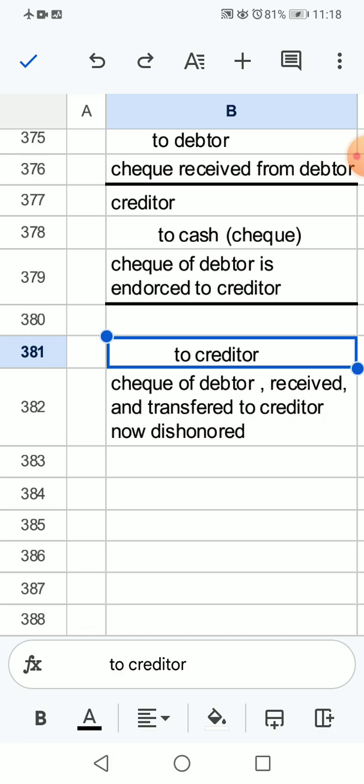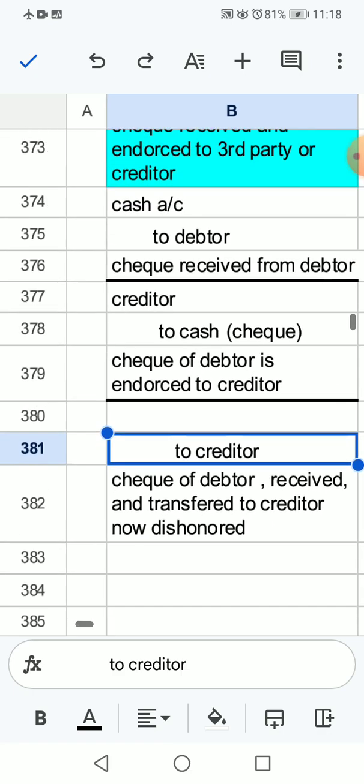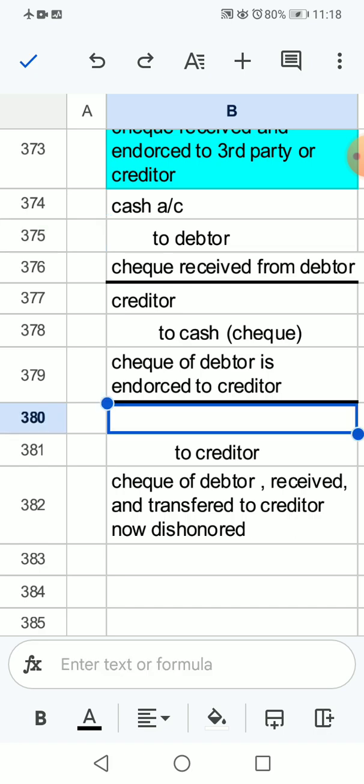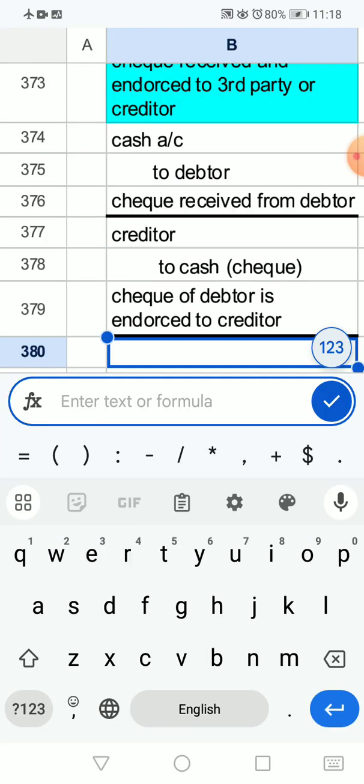So debtor was cancelled and written on credit side because you thought that he had paid, but actually after dishonoring the check, debtor is a person from whom amount is still receivable, and since amount is still receivable, he is still your asset should be written on debit side. That is why you will write the name of debtor on debit side.